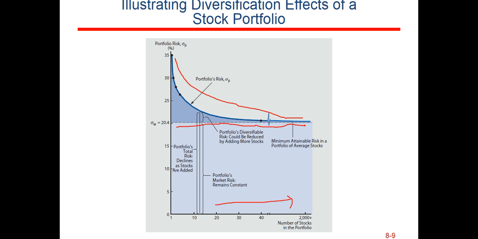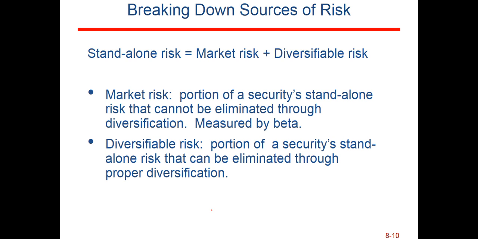This piece is called the market risk that you cannot avoid by diversifying. This piece is diversifiable risk, and you are expected to diversify and include different stocks in your portfolio, and hence this risk is assumed to be something you can eliminate, and the other risk is what's called systemic or market risk.